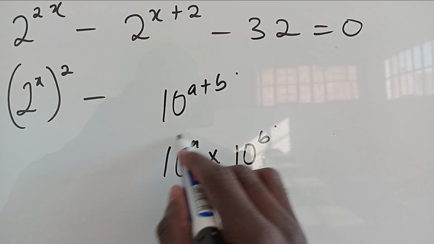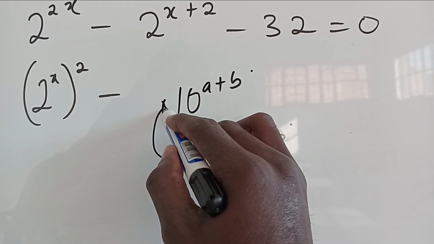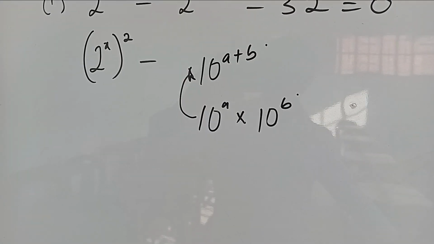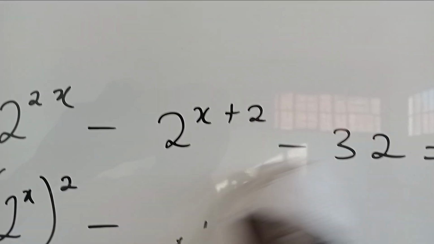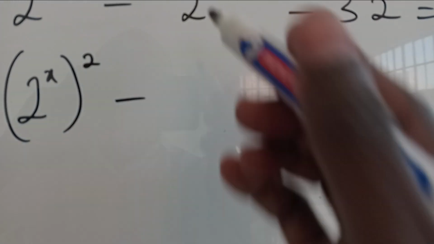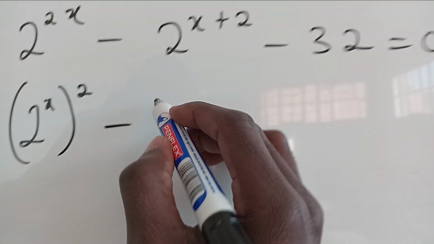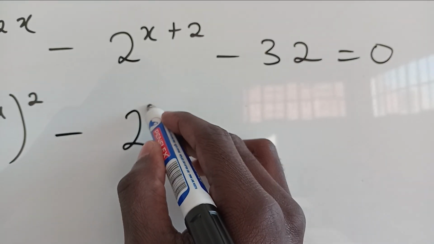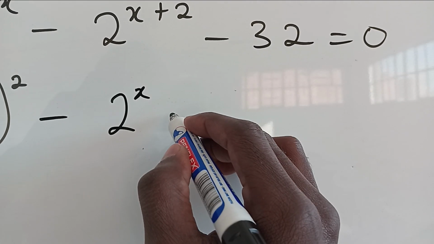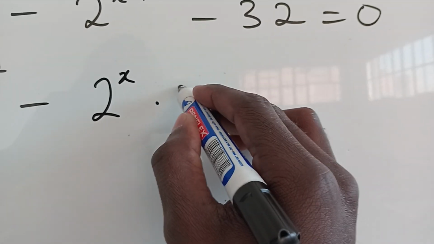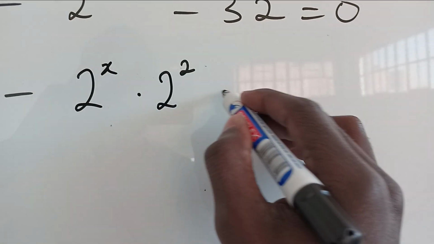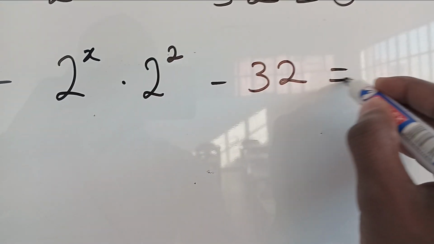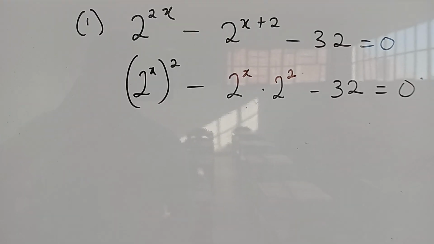So this expression leads to this expression. Now we can rewrite this as 2 raised to the power of x multiplied by 2 raised to the power of 2 minus 32 equals 0.